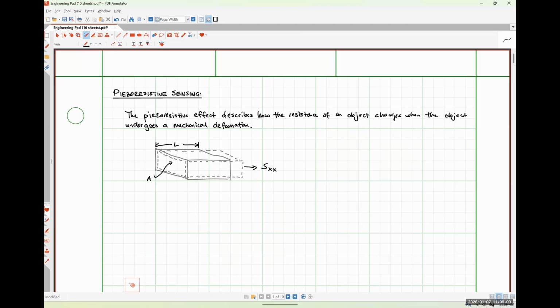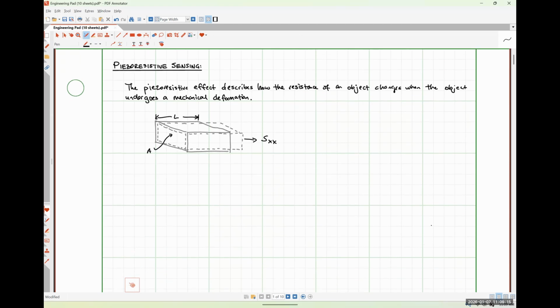So if we were to assume that current is flowing in the longitudinal direction in this beam here, its resistance, R, could be expressed as the electrical resistivity, rho E, multiplied by the length over the cross-sectional area.